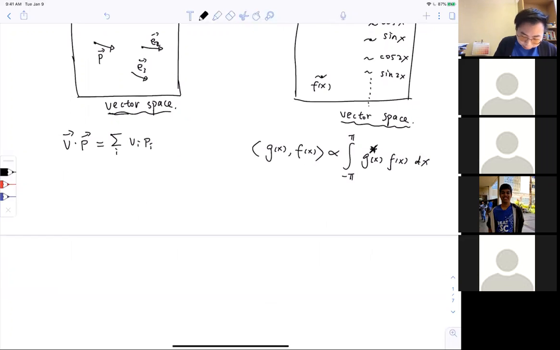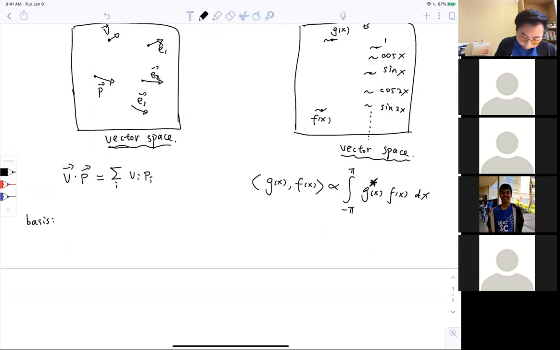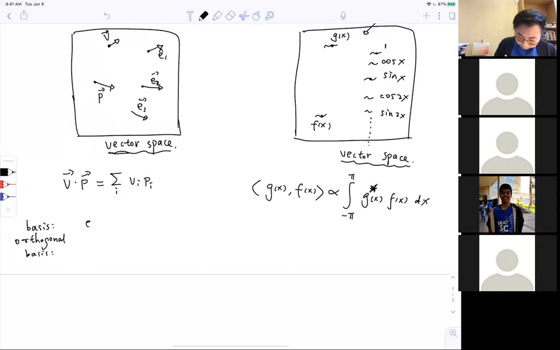Another thing is about the basis. We know that we usually choose an orthogonal basis. That means E1 dot E2 is 0, or generally speaking, Ei dot Ej is 0 if i is not equal to j.